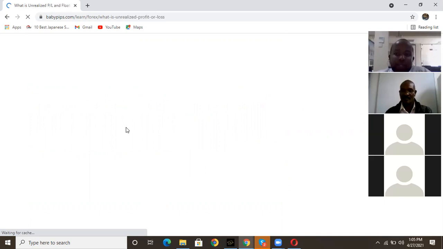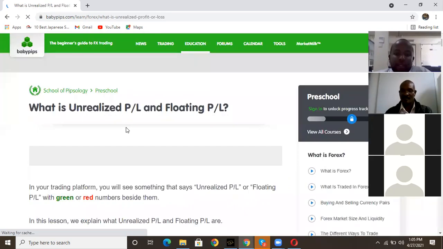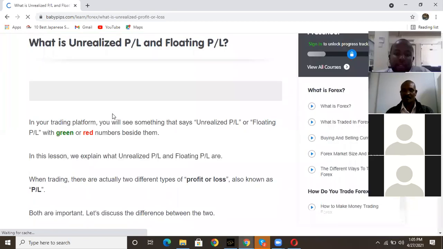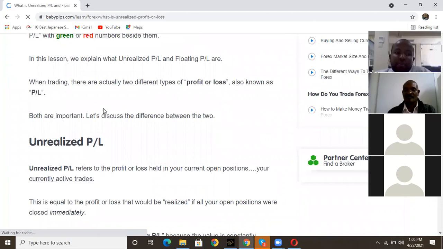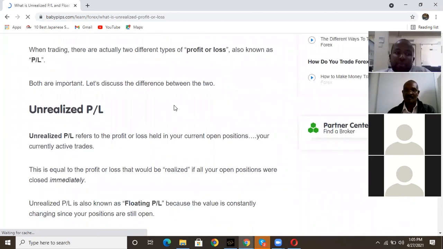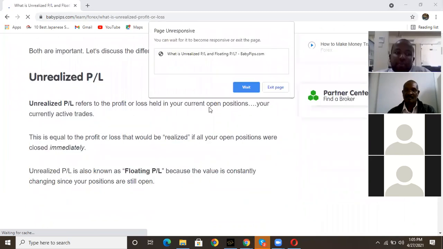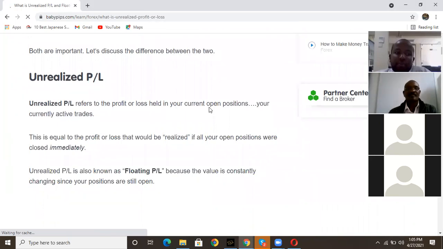In your trading platform, you'll see something that says unrealized P&L or floating P&L with green or red numbers. In this lesson, we'll explain what they are. When trading, there are usually two different types of profit or loss, also known as P&L. Both are important. Let's discuss the difference between the two. Unrealized P&L refers to the profit or loss held in your current open positions.